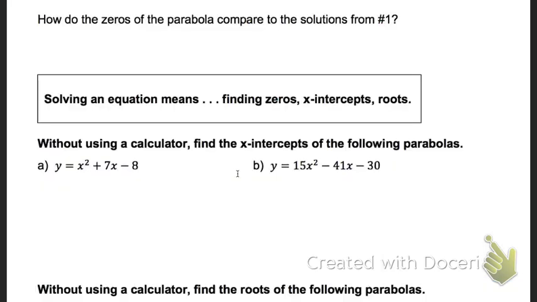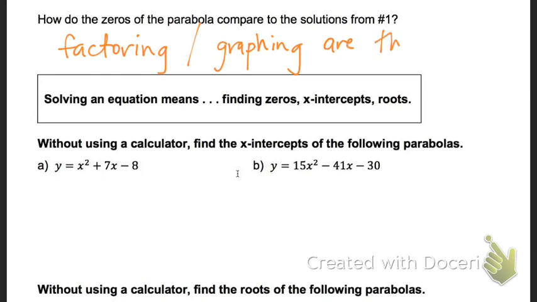So basically when I factored and then when I graphed it, they were both what? The same. So factoring and graphing are the same solutions.